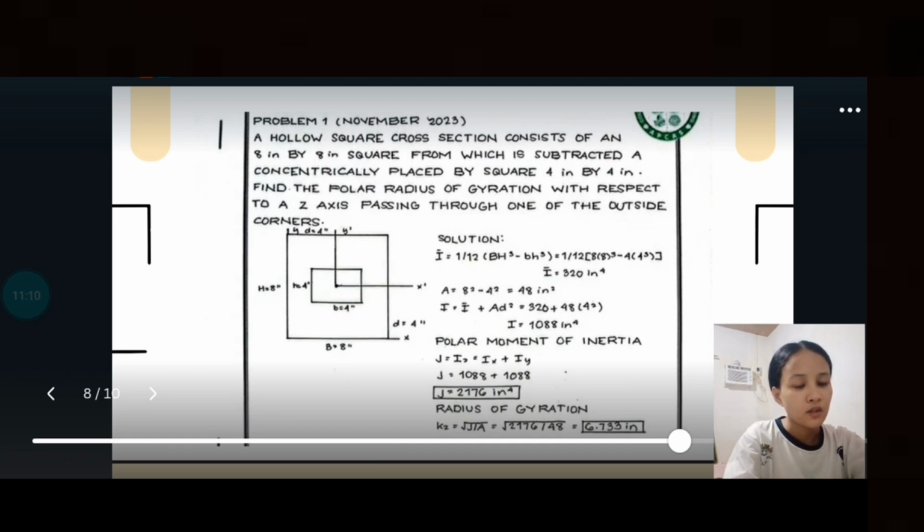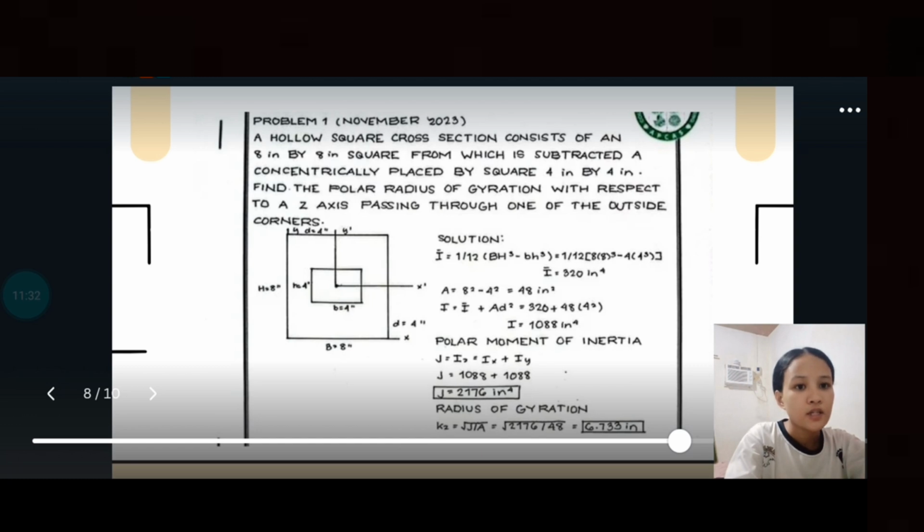Then substitute the given, which is 8 times 8 cubed minus 4 times 4 cubed, which is equal to 320. So our I is equal to 320 inches raised to 4.